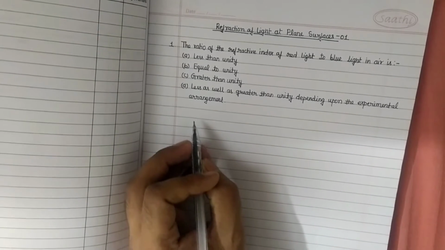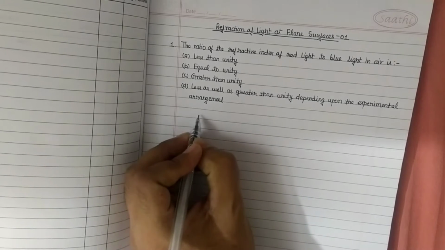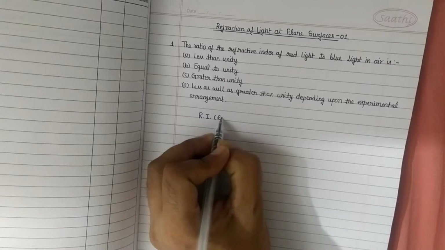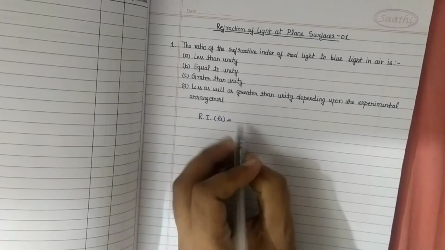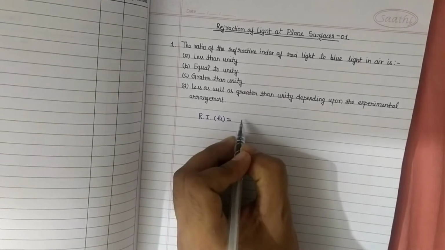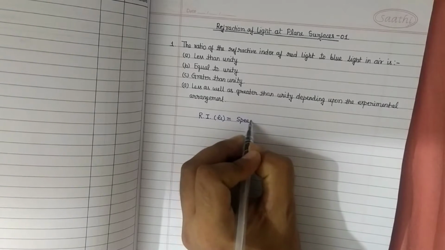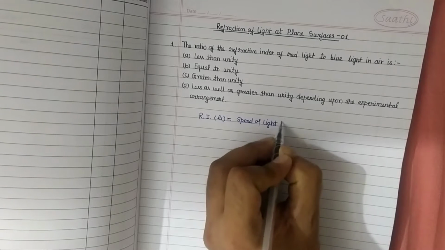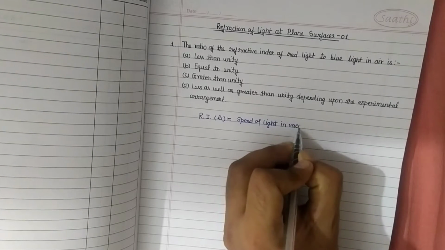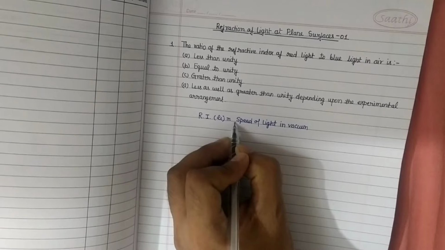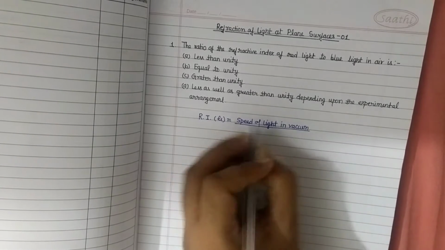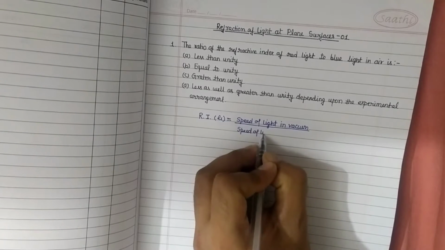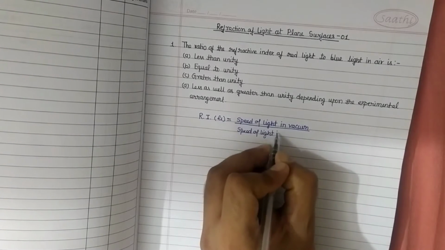So students, we know that the refractive index mu can be defined as the speed of light in vacuum divided by the speed of light in medium.